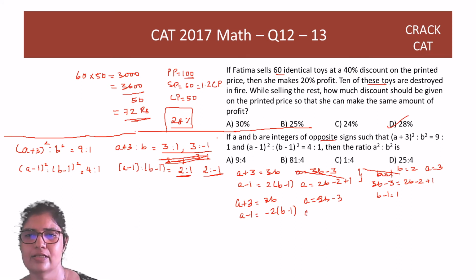So A is equal to minus 2B, right, plus 2 plus 1. So if I equate, I'll get 3B minus 3 is equal to minus 2B plus 3. So I'll get B is equal to 6.